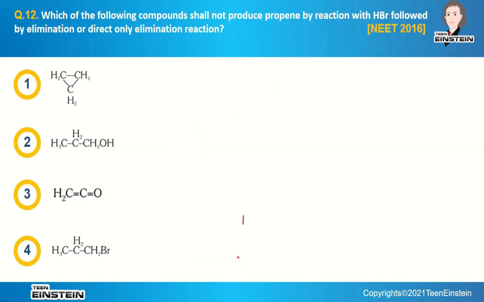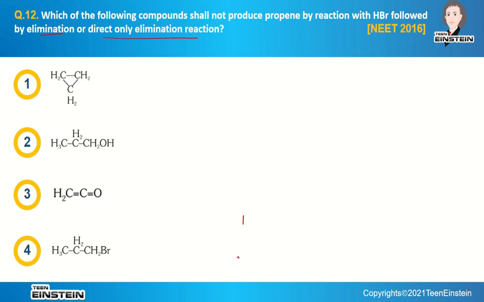So move on to the next question. Which of the following compounds shall not produce propene by reaction with hydrogen bromide followed by elimination, or by direct elimination reaction only?